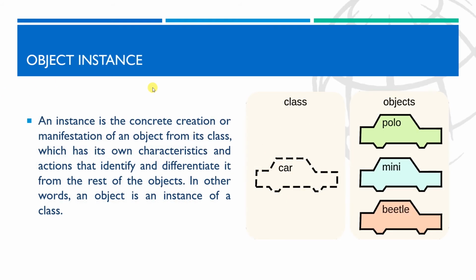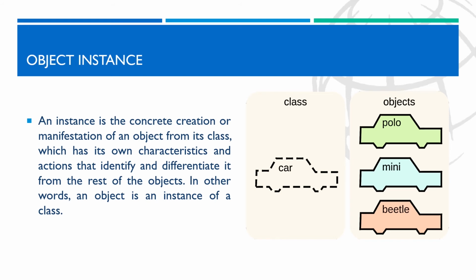Now we will look at other concepts related to object-oriented programming. The first one is the object instance, or an instance. An instance is the concrete creation or manifestation of an object from its class, which has its own features and actions that identify and differentiate it from the rest of the objects.